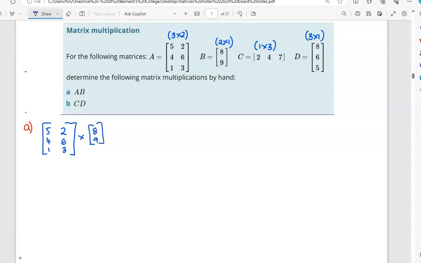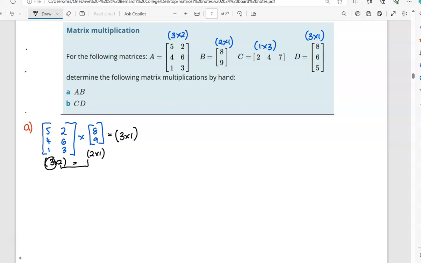So as I said, you first probably want to check that it can be done. So this is a 3 by 2 and this is a 2 by 1. So yeah, it's defined. And what's my answer going to be? It's going to be a 3 by 1.